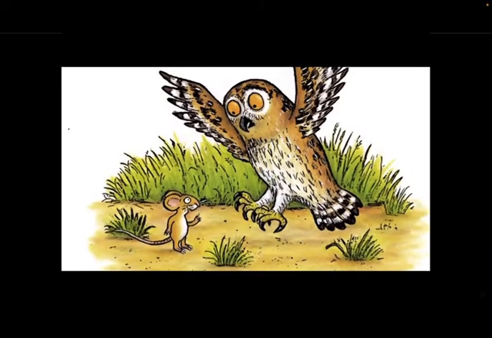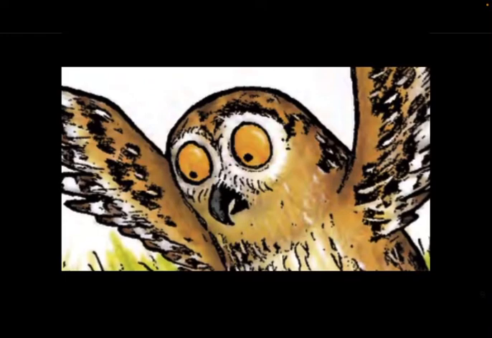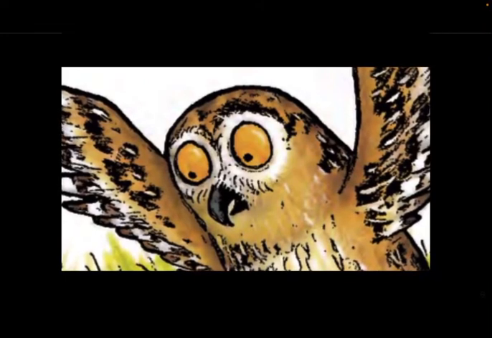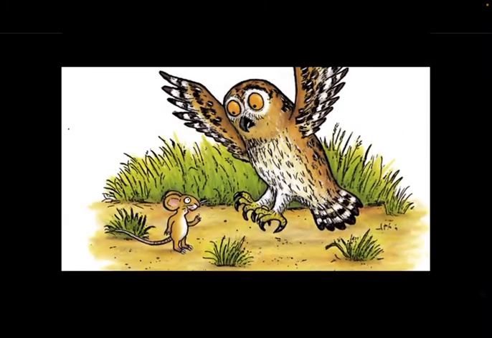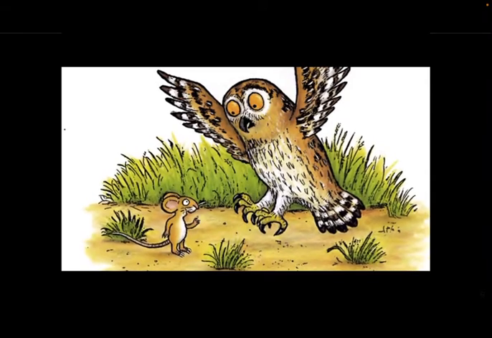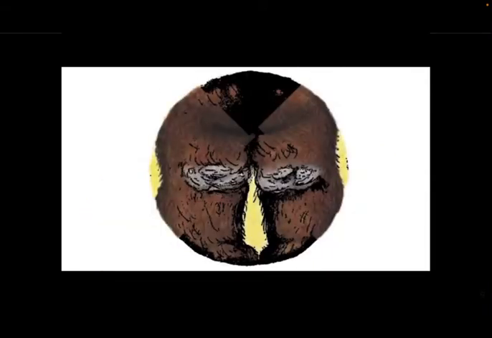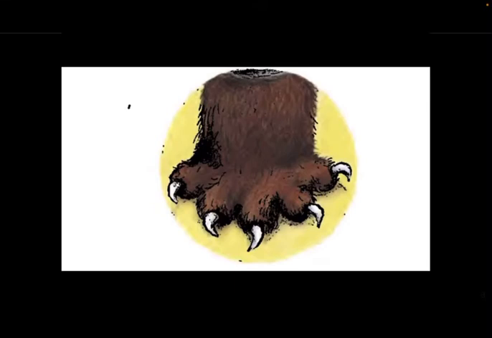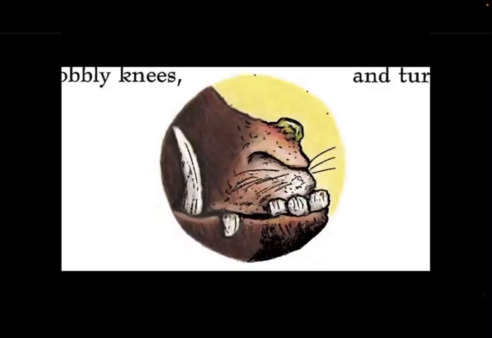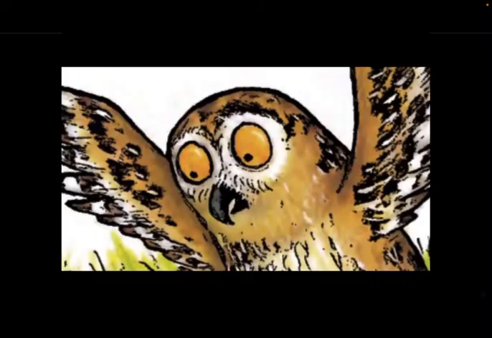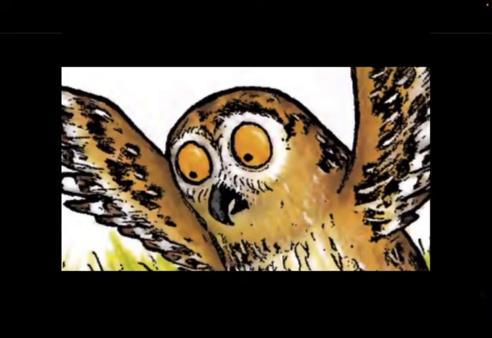A Gruffalo? What's a Gruffalo? A Gruffalo? Why? Didn't you know? He has knobbly knees and turned out toes, and a poisonous wart at the end of his nose. Where are you meeting him?